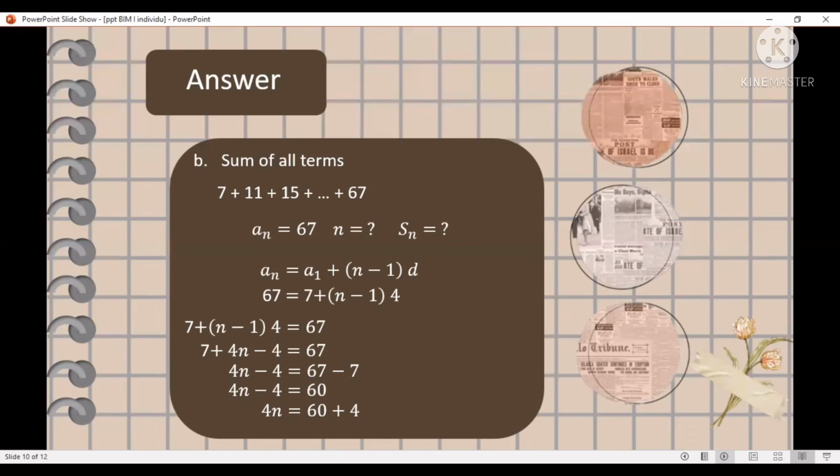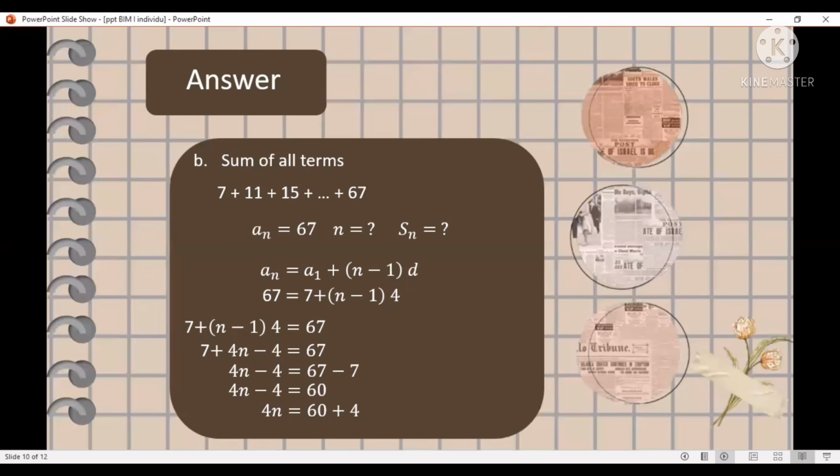An equals A1 plus open bracket n minus 1 close bracket multiplied by D. 67 equals 7 plus open bracket n minus 1 close bracket multiplied by 4. Then we switch position. Then 4 times n is 4n, and 4 times negative 1 is negative 4. Then 7 moves to the left side to be negative 7.